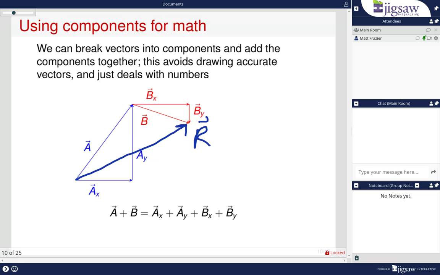We can go in and say that A sub x might be 3 in the x direction plus 4 in the y direction, and then plus 3 in the x direction for B, and then plus minus 1 in the y direction.